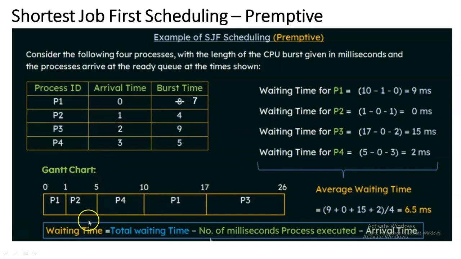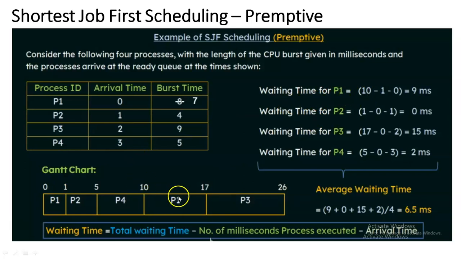Though it is a single process, a part has been executed before and the remaining part has been executed after some time. So this initial scheduled part is called the number of milliseconds the process has executed already by the CPU.